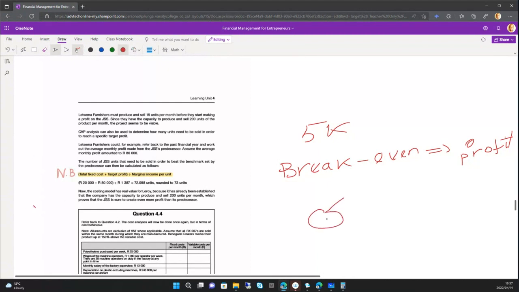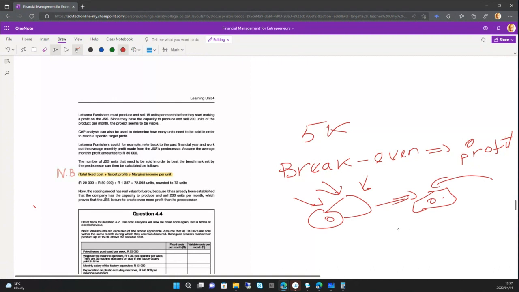Remember the toilet paper. We are selling the toilet paper. We invested money. We made costs to produce this toilet paper. And when we are selling this, we are getting money coming in, because people are buying. They are sending us money. They're giving us money for the product.